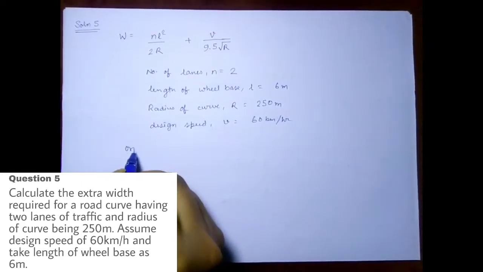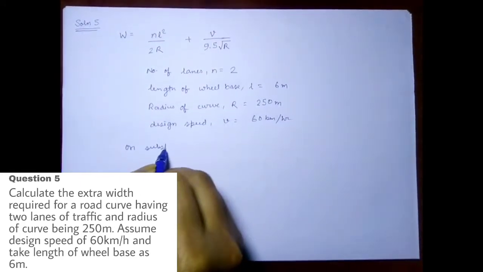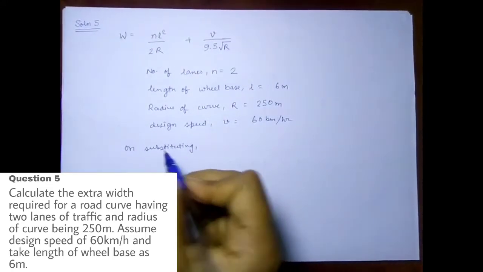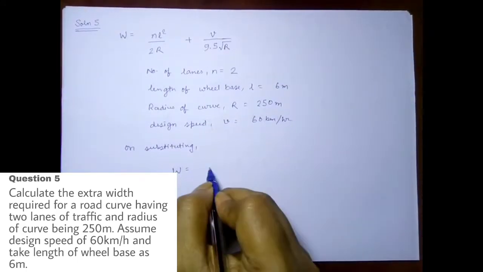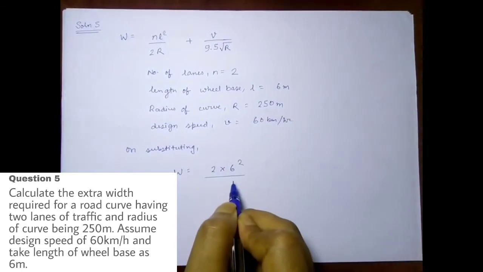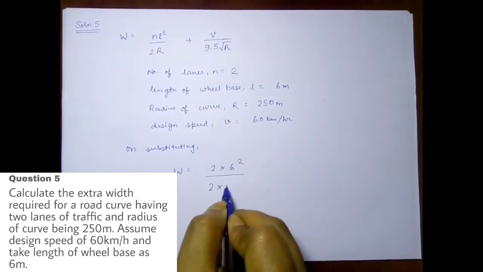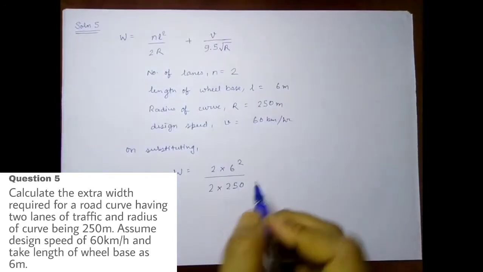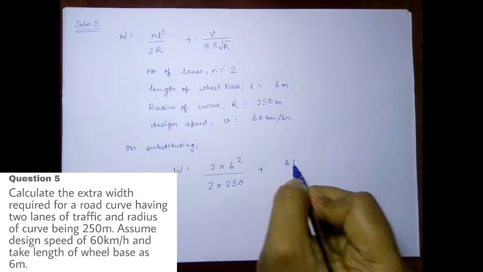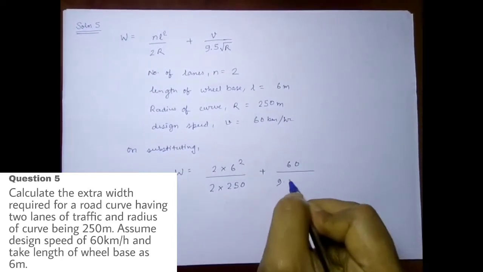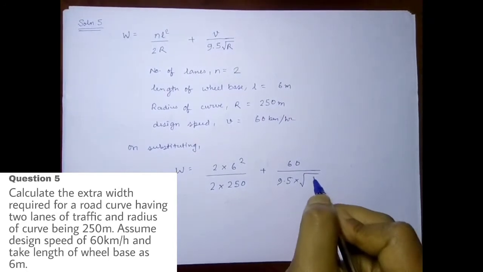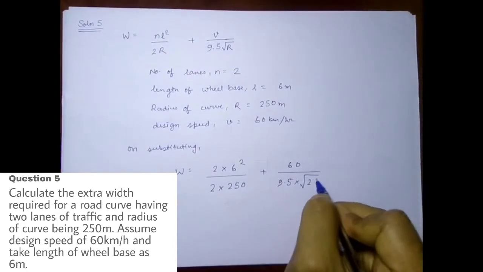So on substituting, we get W equal to 2 times 6 square upon 2 into 250 plus 60 upon 9.5 times square root 250.